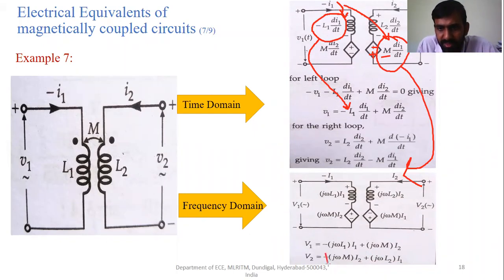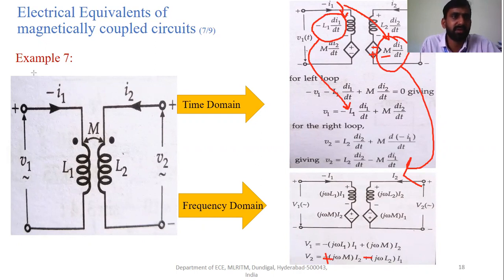Here it is plus, and here it is minus j omega L2 into I1, right? Because here the signal is just replaced with j2 pi f. V2 is going to be j omega m I2 minus j omega L2 into I1.